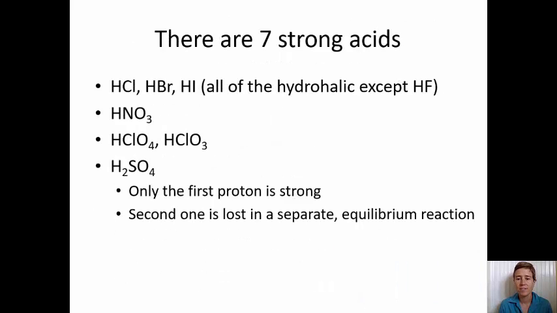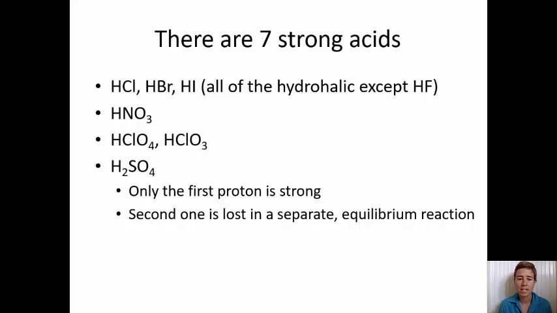There are 7 acids that you have to know that are strong. This is really just memorization, but luckily there's 7 of them, and 3 of them clumped together in a group. We've got HCl, HBr, HI. These are all the hydrohalic acids except HF. HF is an exception. So we've got hydrochloric, hydrobromic, hydroiodic acid, all strong.